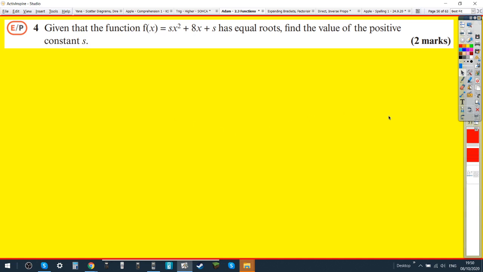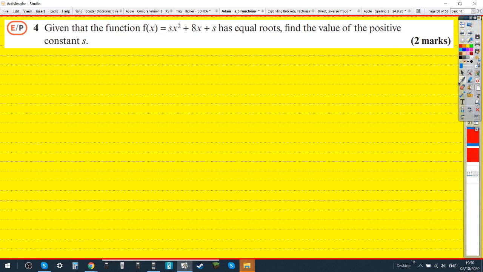Okay. We better try this one. So as equal roots, we know that it'd be equal to 0. b squared minus 4ac equals 0.